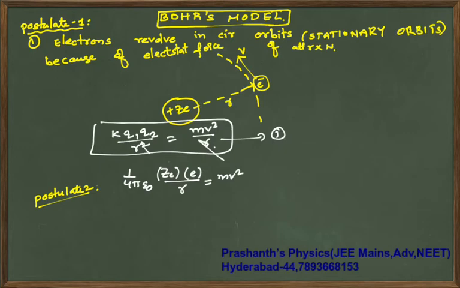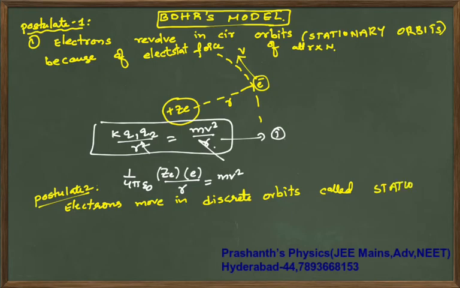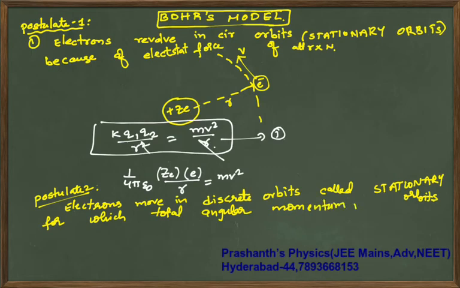What it says is, electrons move in discrete orbits called stationary orbits, as I have told you, for which total angular momentum is conserved.